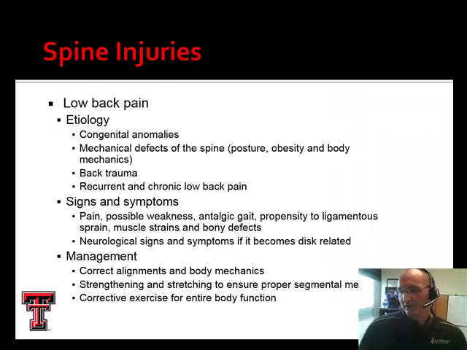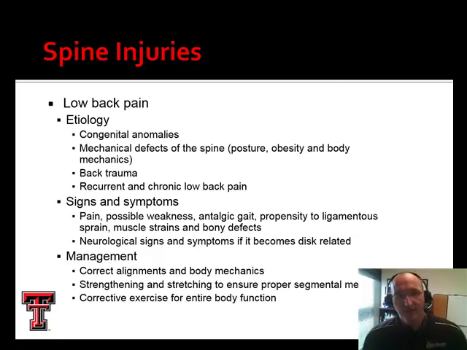Okay, low back pain in general can be a result of congenital differences. It can be the result of trauma. It can kind of add up from chronic recurrent conditions. So lots of options as far as what we can do here. We can try to improve their posture. We can try to strengthen the weak side and stretch the tight side in order to improve their segmental mechanics.